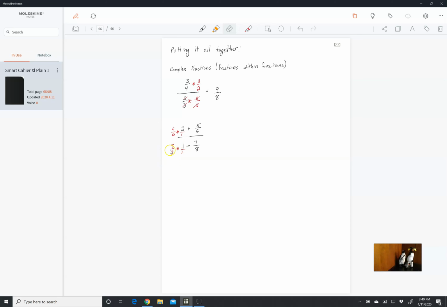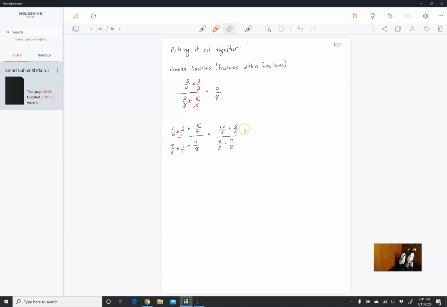So we're not changing the fact that this is a 1, okay? So what we get when we multiply this is we get a 12/6 plus 5/6. On top, 2 times 6 is 12. That's where we get this 12 from. And then 8/8 minus 7/8.